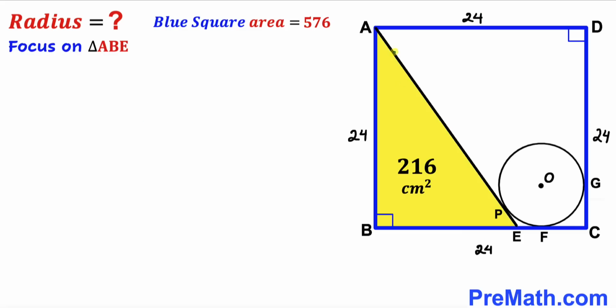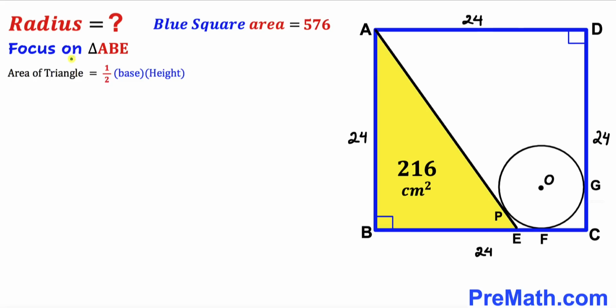And here's our next step. Let's focus on this yellow shaded right triangle ABE. And now let's recall the area of a triangle formula. Area equals a half times the base times the height. And in our case, the base of this triangle ABE is this BE side.